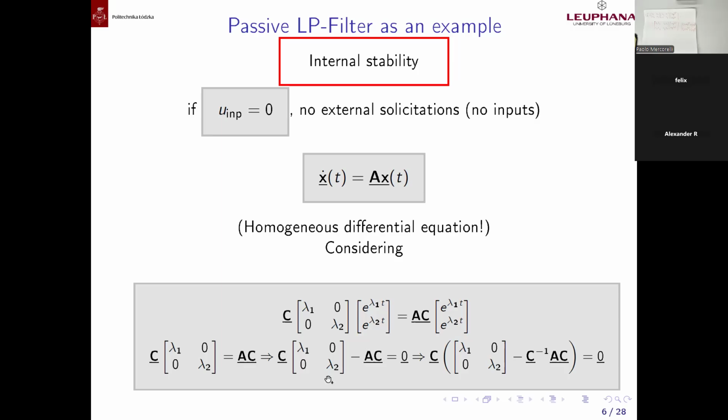Now, why this expression here? Because if you remember the exponential function, I told you also when we talked together about the free answer. The exponential function is a function which is never zero. Just asymptotically, it goes to zero. Assuming that lambda 1 and lambda 2 have negative real part, it goes to zero if t goes to infinity.